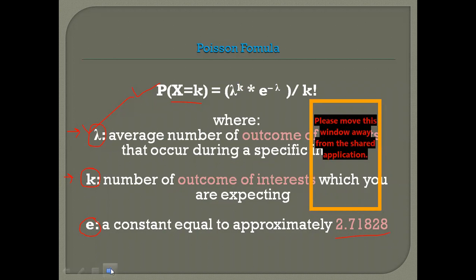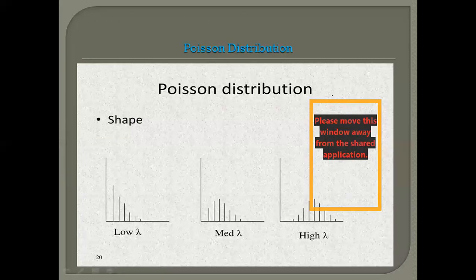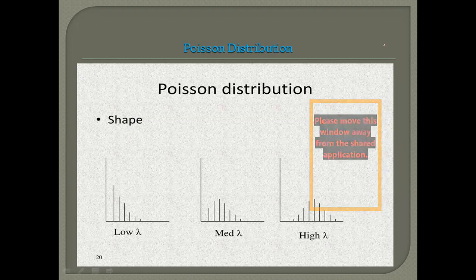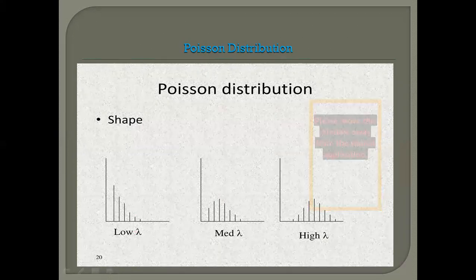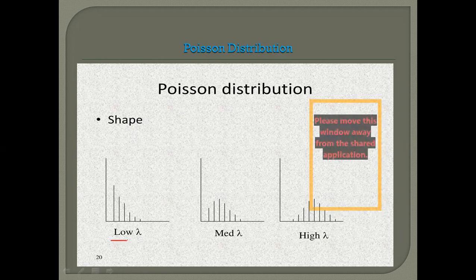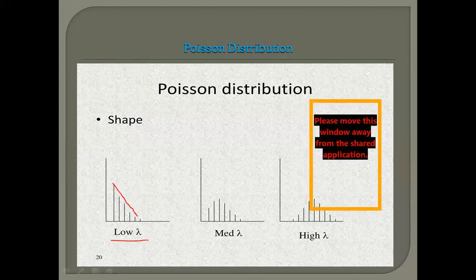So this is the Poisson formula. Then, what kind of shape does this Poisson distribution have? It purely depends on the lambda, which is the average. If you have a low value of lambda, the distribution will look like this. If you have a medium-size lambda, the distribution looks like this.